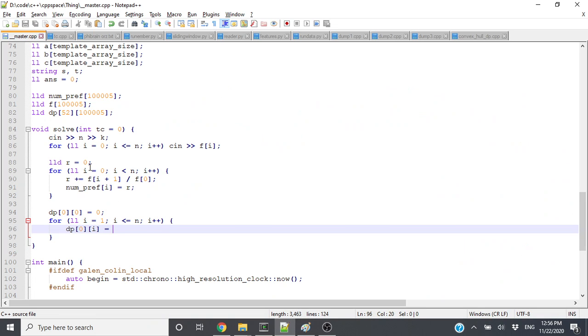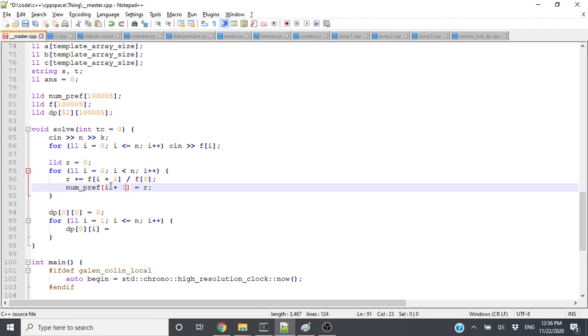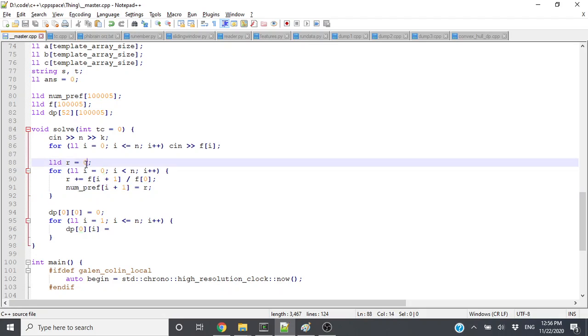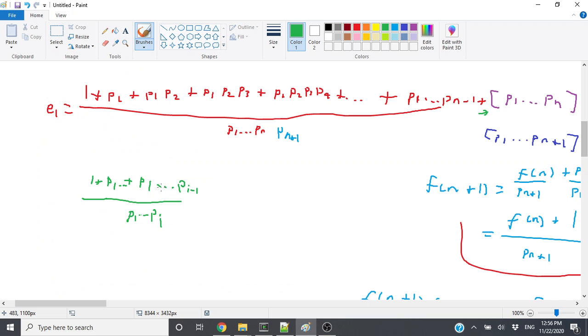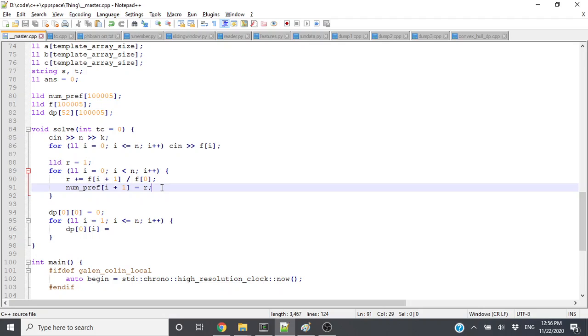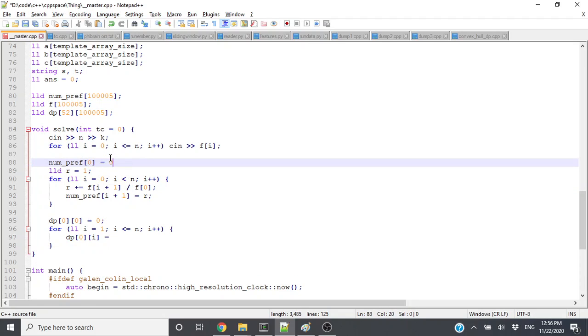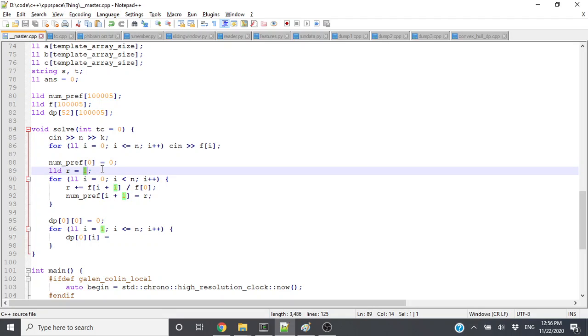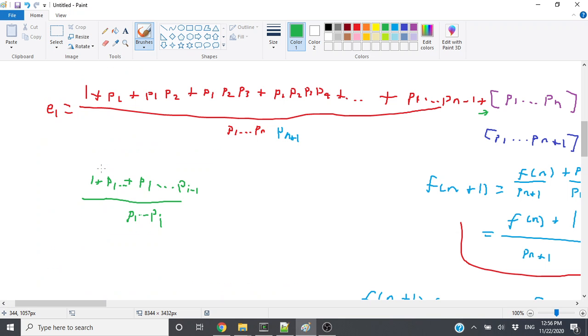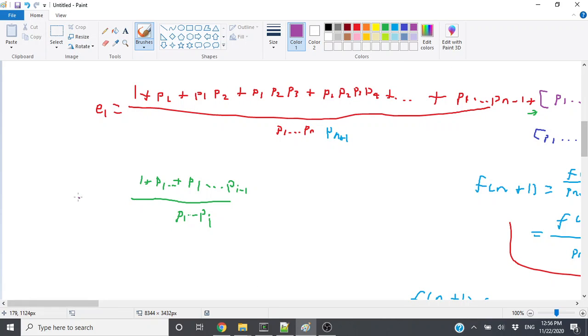This indexing is going to be so hard. Maybe we include this here. So if we're looking for f of i, then the first one's going to be 1 over p1.